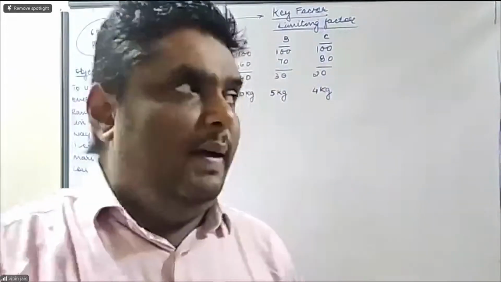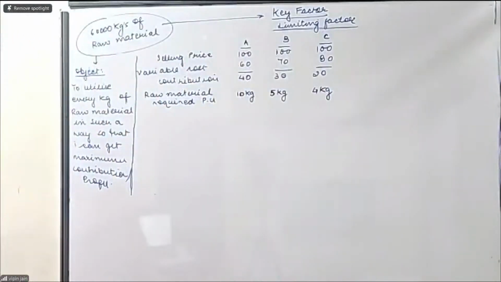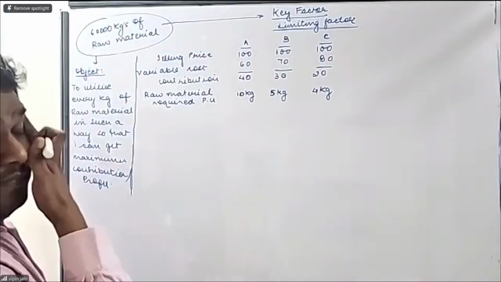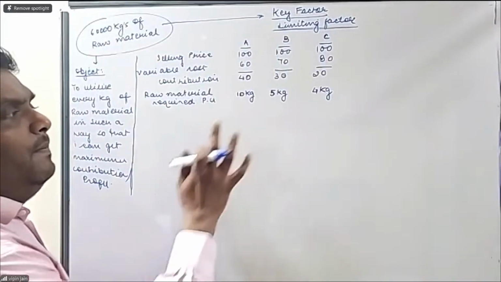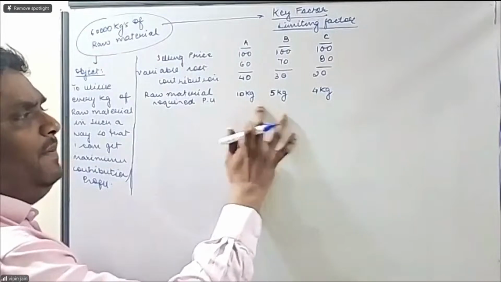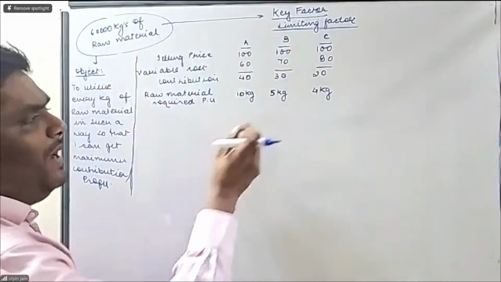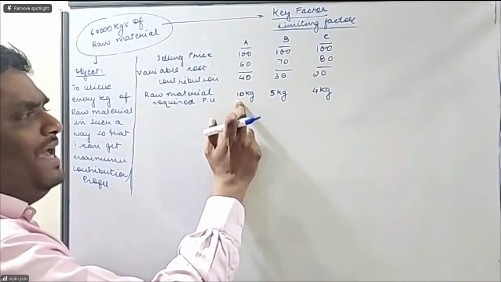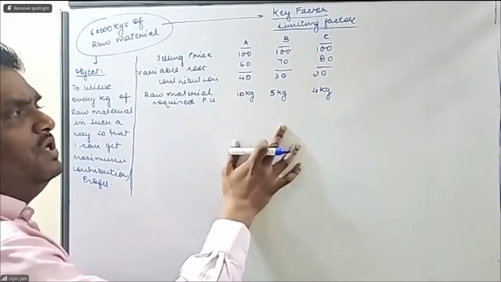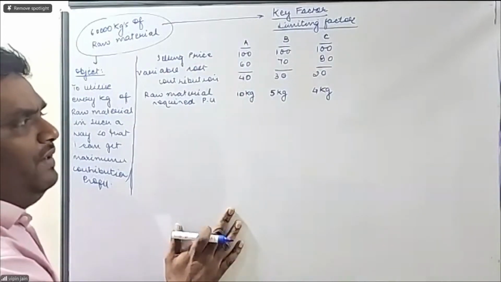See guys, here my raw material is available in very limited quantity, because raw material is my key factor. So my object will be to utilize this raw material in such a way so that I can get the maximum benefit.